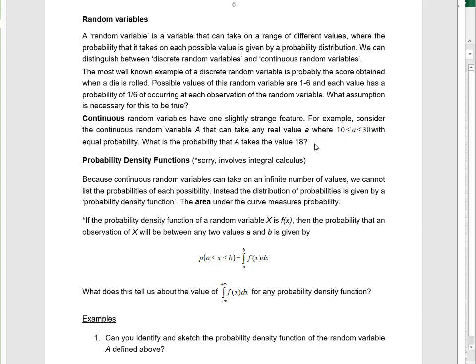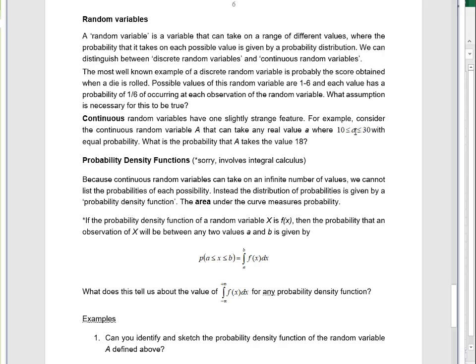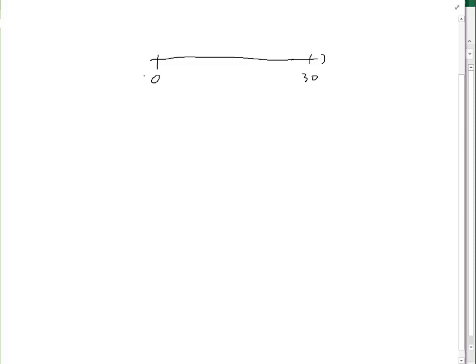I'll just try and illustrate it. So there's 10 and 30, this is A. A can take any value between 10 and 30.